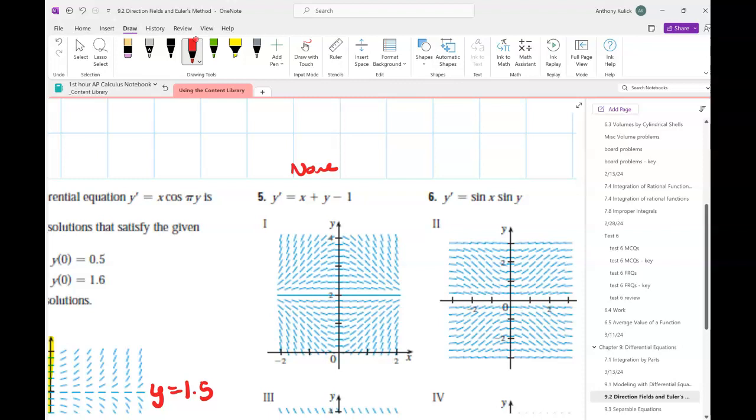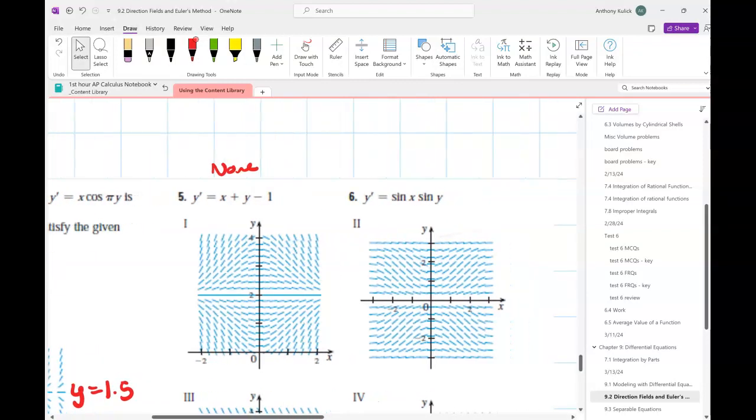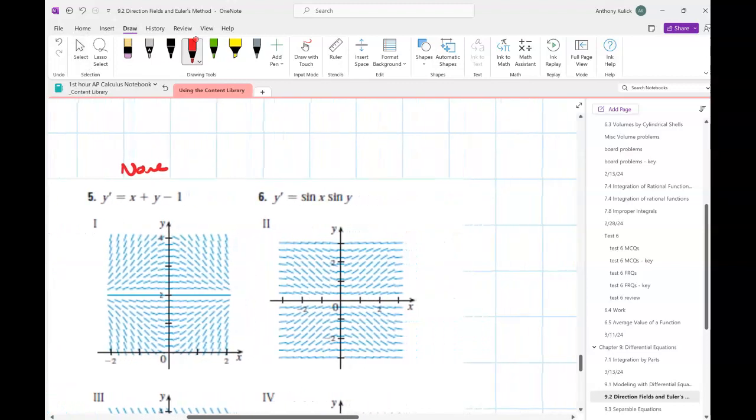Or when x is 2 and y is 1, or x is 1 and y is 2, whenever they differ by 1 unit. What about here? Where is sine equal to 0? At 0, pi, 2 pi, etc.